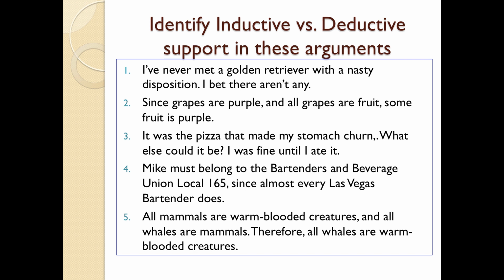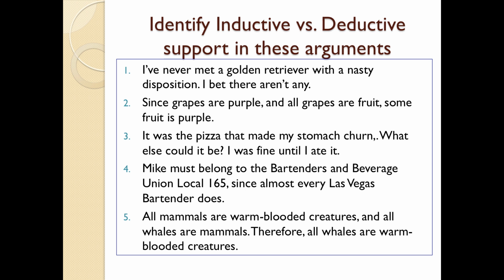Okay, so I have another five examples, and I want you to look at these and determine which ones are inductive arguments and which ones are deductive. Number 1: I've never met a golden retriever with a nasty disposition. I bet there aren't any.